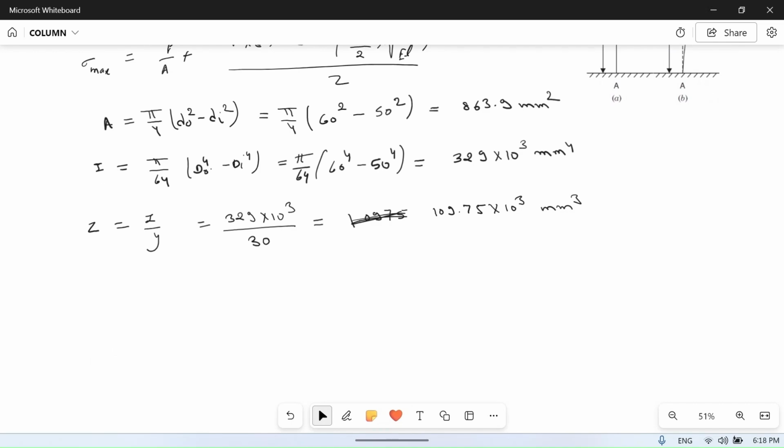Sorry, there is some mistake. If we divide it by 30, then it will become 10.975 into 10 to the power 3 mm cube. Okay, so this is the value of Z.